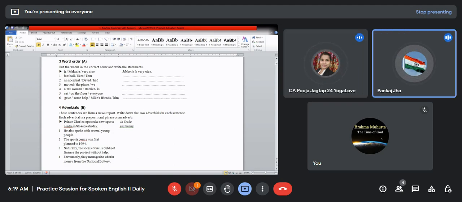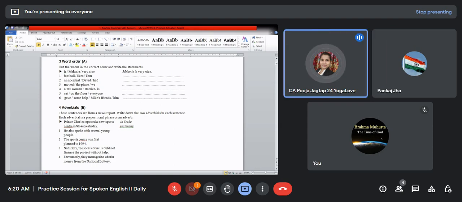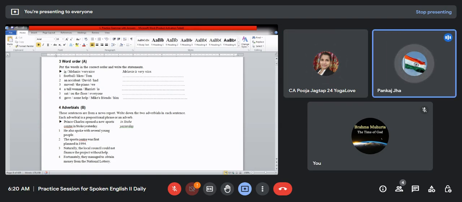The sports center is the subject, planned is the verb, and was is a helping verb. And the third question is: Naturally, the local council could not finance the project without help.